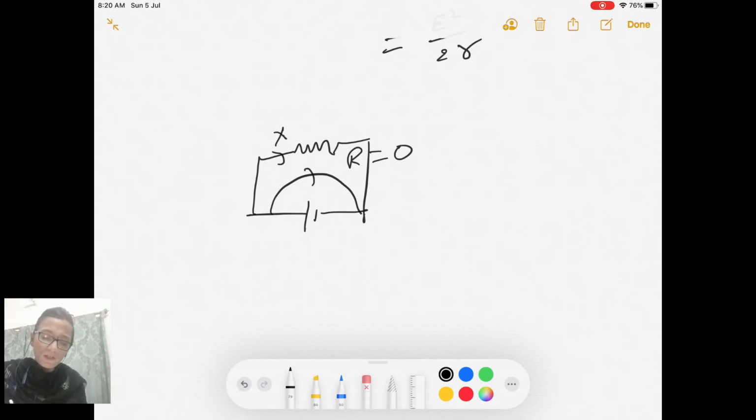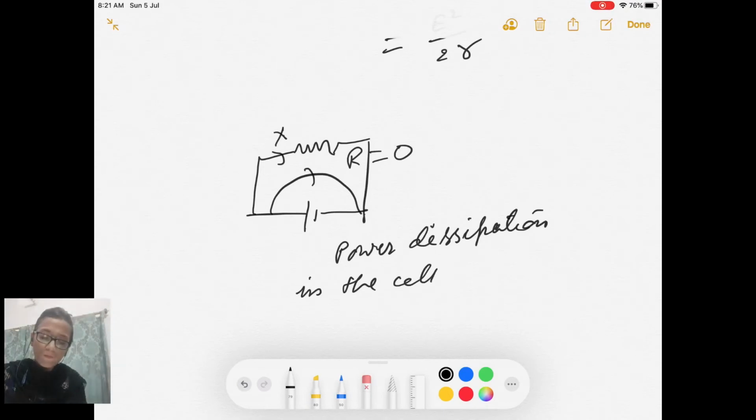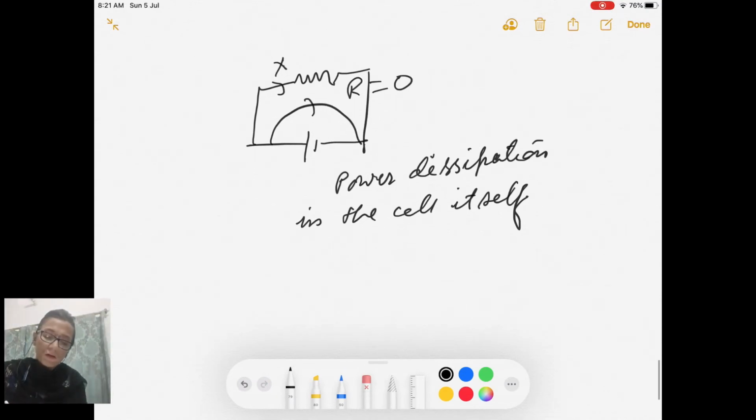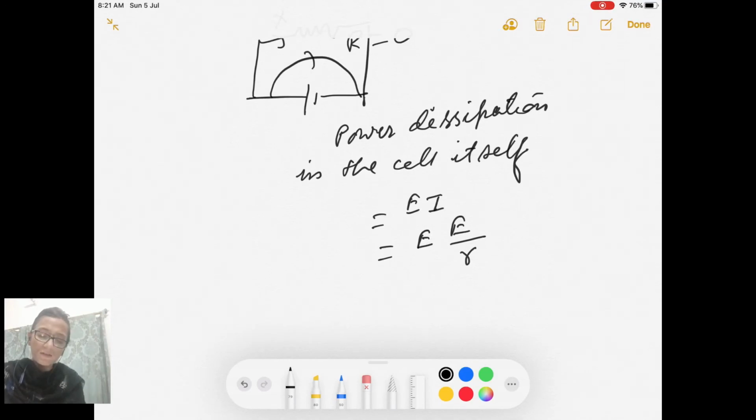Now power dissipation in the cell itself is equal to EI, and this is equal to E into I is equal to E upon, here R becomes equal to 0, so only resistor is internal resistance, so this is equal to E square upon r.